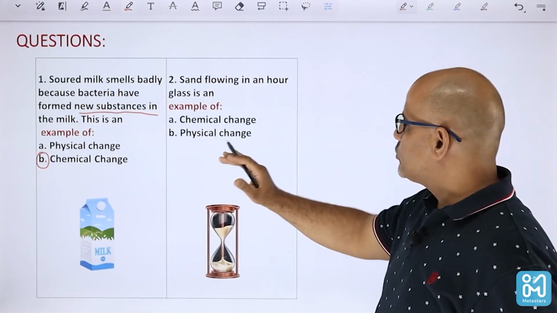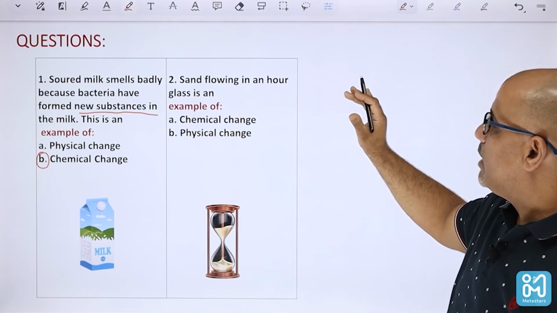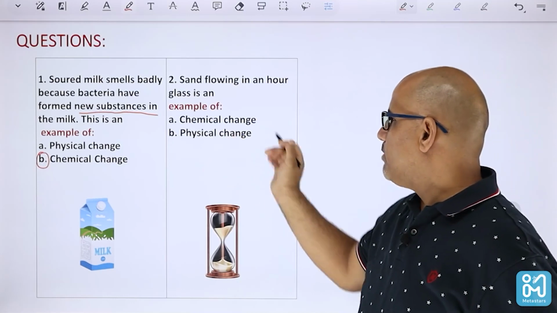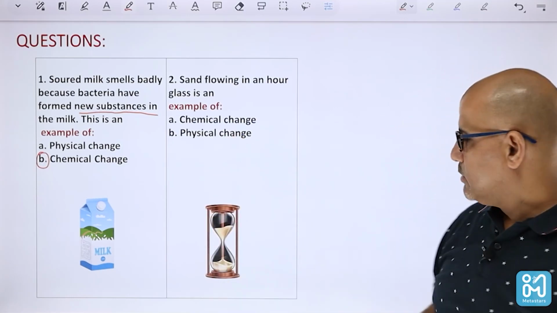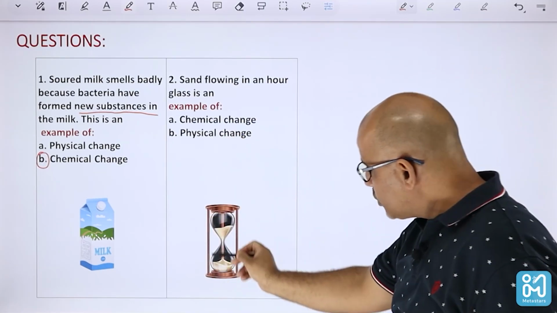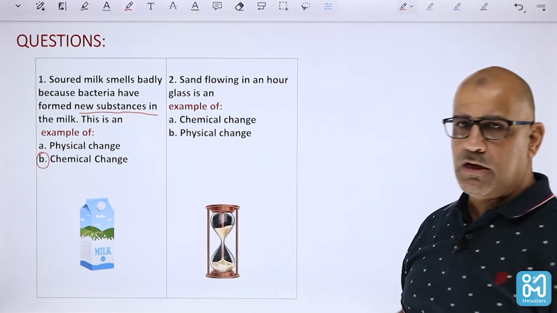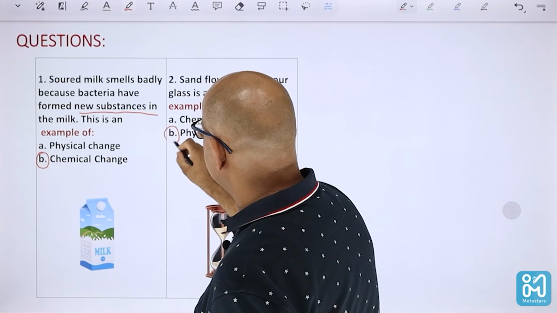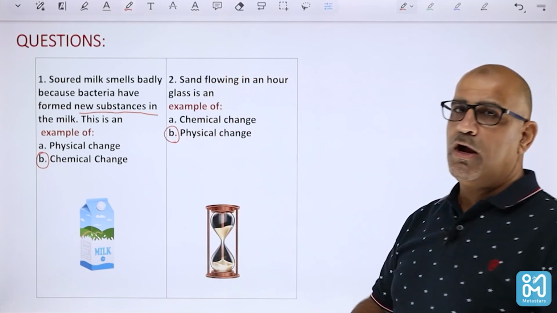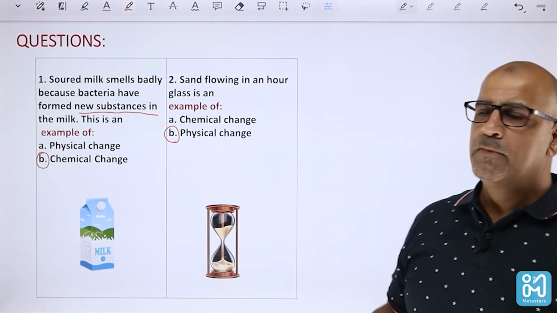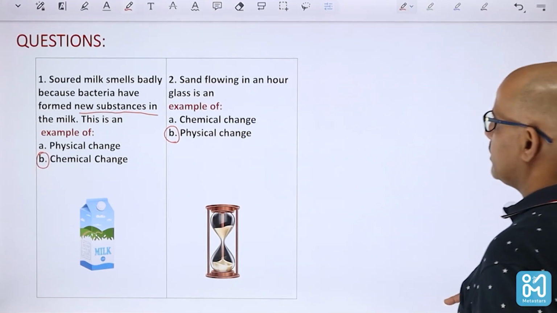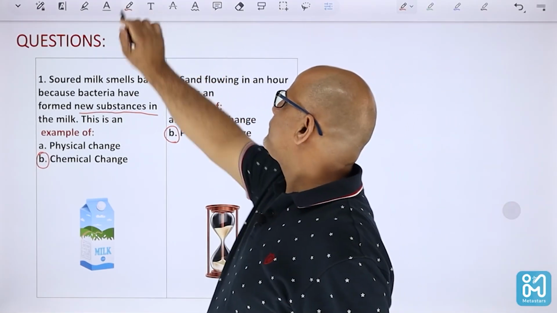In the second question, sand flowing in an hourglass is an example of a chemical change or physical change? There is no change in the identity of the sand. So it's a physical change. Everything stays the same and there is no production of a new chemical substance.